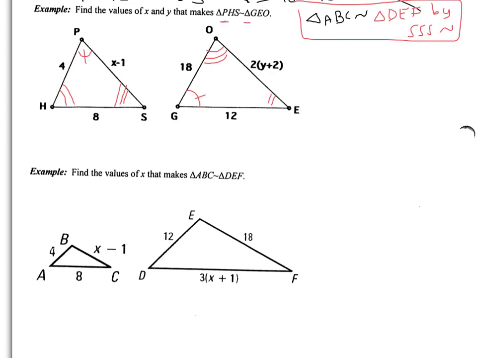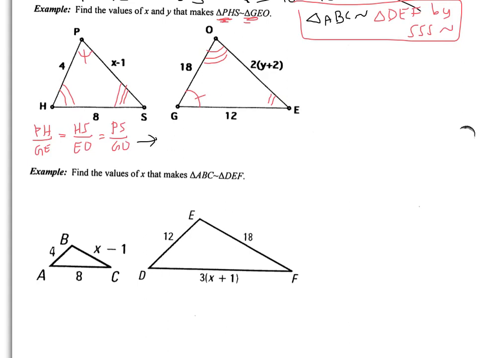So that's going to throw off our proportions a little bit. My statement of proportionality then is PH goes with GE. That's because PH is first and second, GE is first and second. Then I have HS, second and third, goes with EO, second and third. And then I have PS goes with GO.